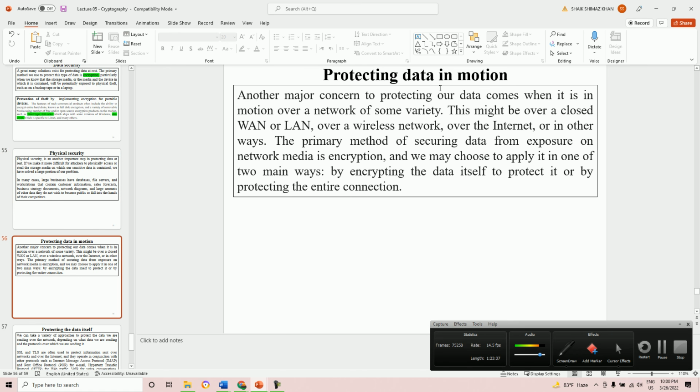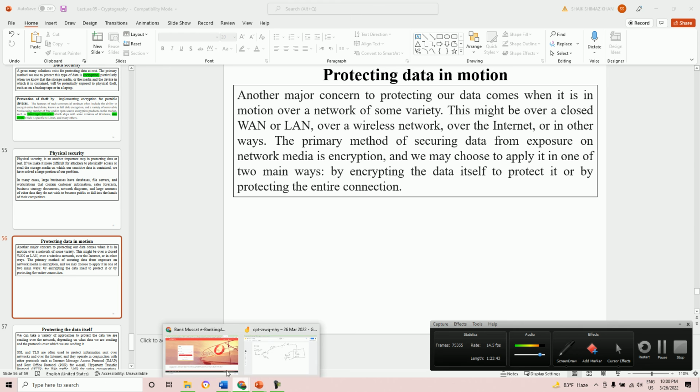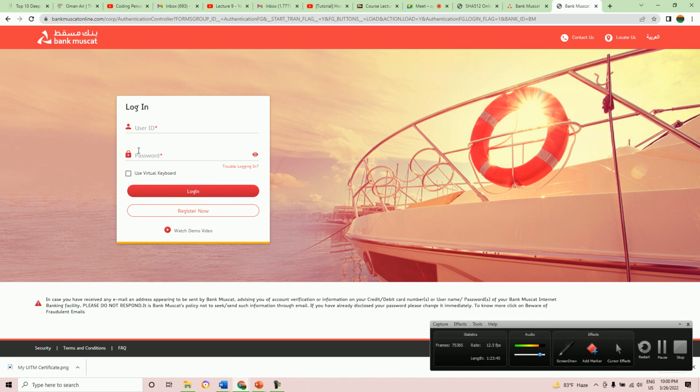So when the data is sent across the network, please understand, when you access bank applications with username and password, high security is needed. Of course, these sites are highly secured. Communication between our browser and the bank server is encrypted.